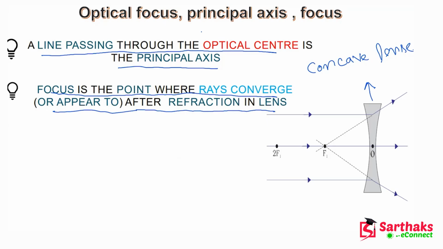So you can see this is a line parallel to this principal axis. And because this is a concave lens, the light is diverged. Now, this ray appears to be coming from this point F1. This is known as the focus of a lens. Okay. Now let's move on to the next slide.